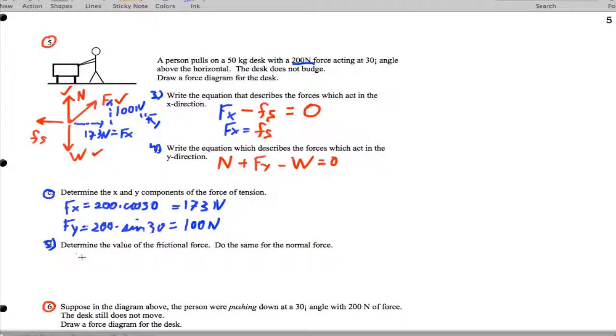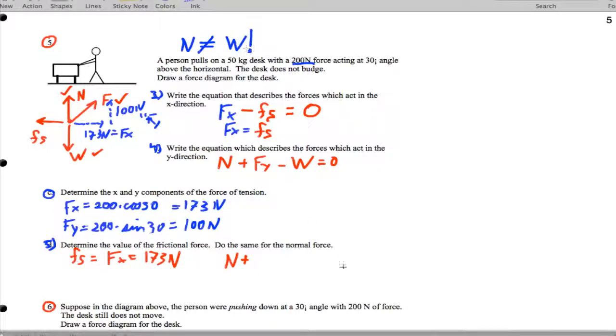So let's determine the value of the friction force. What we've determined in part 3 is friction equals the horizontal component of the force, which is 173 newtons. Great. Now let's get the normal force. We have the normal pointing up. We have the y, and a lot of people at this point just want to jump in and say normal equals the weight. I just want to say that in this problem, normal is not equal to the weight.